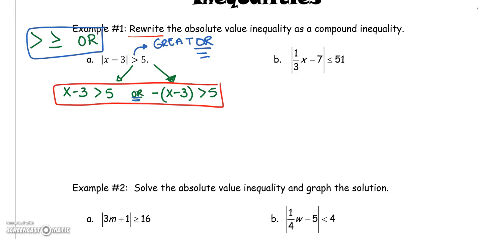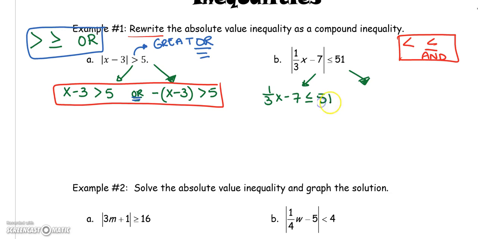All right, let's look at the next problem. The next problem is less than or equal to. One thing we have to consider is that with less than or equal to, we have to have an AND between these two problems. Once again, since 1/3 x minus 7 could possibly go in the positive or negative direction, we have to split this into two parts. One part will say 1/3 x minus 7 is less than or equal to 51. The second part will say negative of 1/3 x minus 7, heading in the negative direction, is less than or equal to 51.